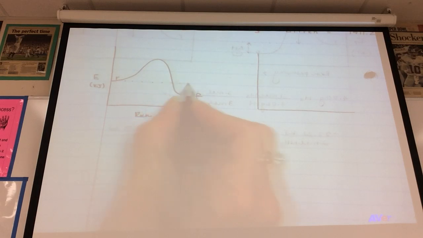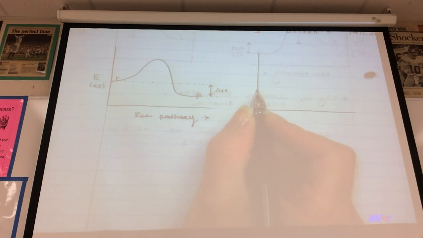The difference in energy between products and reactants is delta H. You're going to see shortly that delta H for the reaction, when calculated from delta H's of formation, is always products minus reactants. That's different from the bond energy that you were tested on in the first semester. So bond energy is always reactant minus products. But when you calculate delta H from delta H's of formation, it's always going to be product minus reactant.